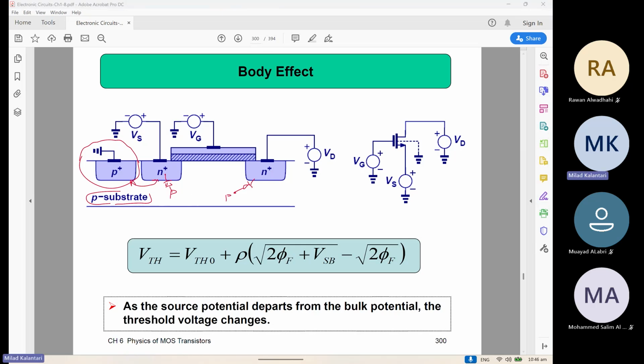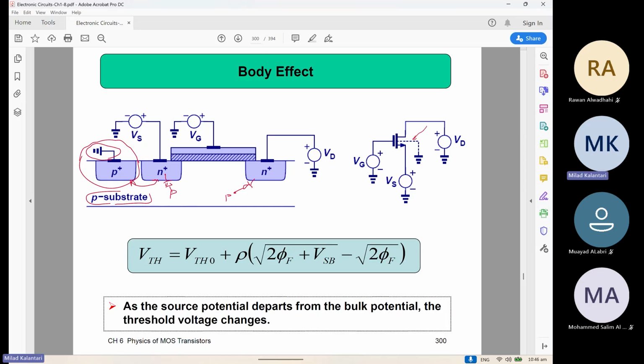And then we try to bias this P substrate to always be less than the voltage of the drain and source. So usually it has to be connected to the lowest voltage in the circuit for the N channel, and it can even be negative.